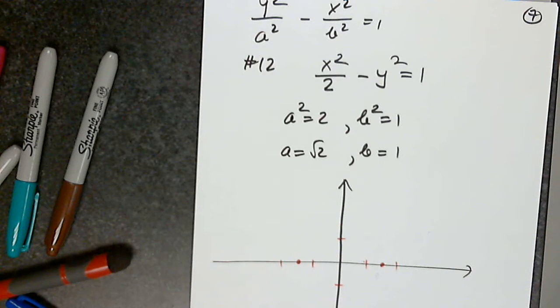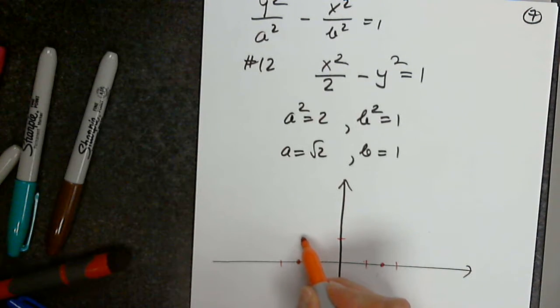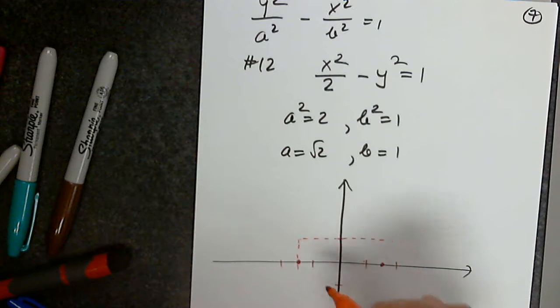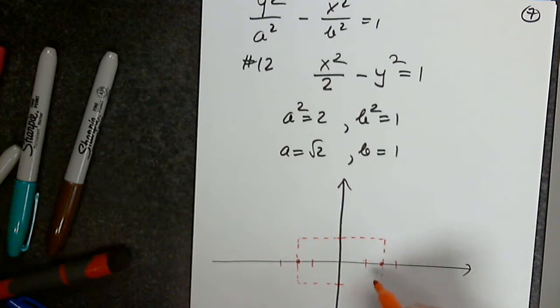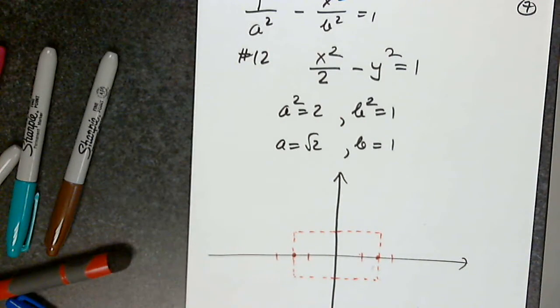So I plotted negative a comma 0 and a comma 0, negative b comma 0, 0 comma negative b, and 0 comma b. Now I have to create the box, or the central box.